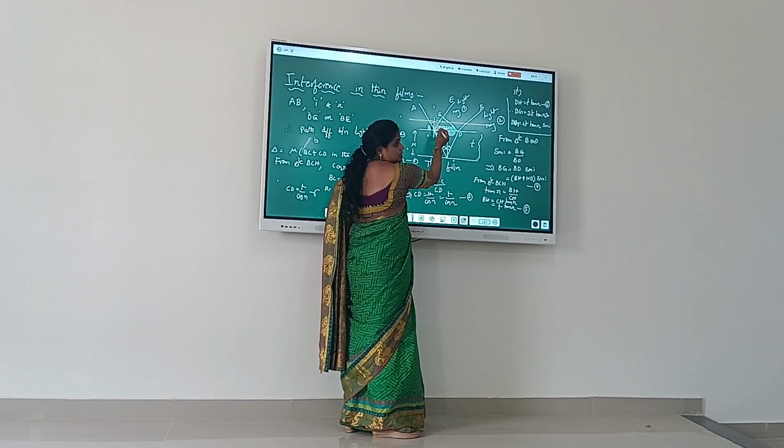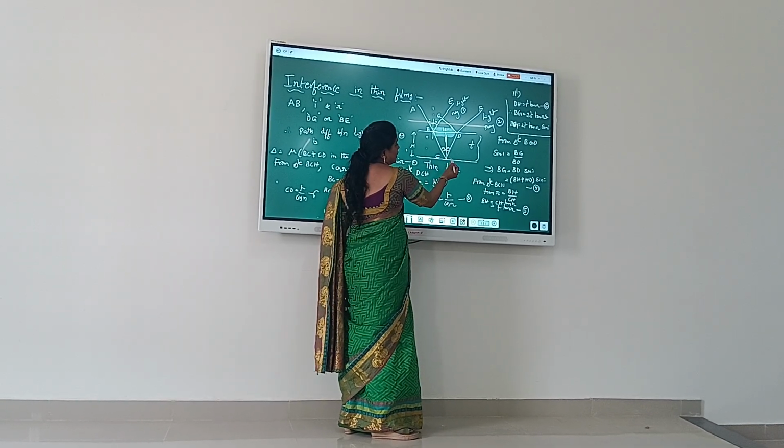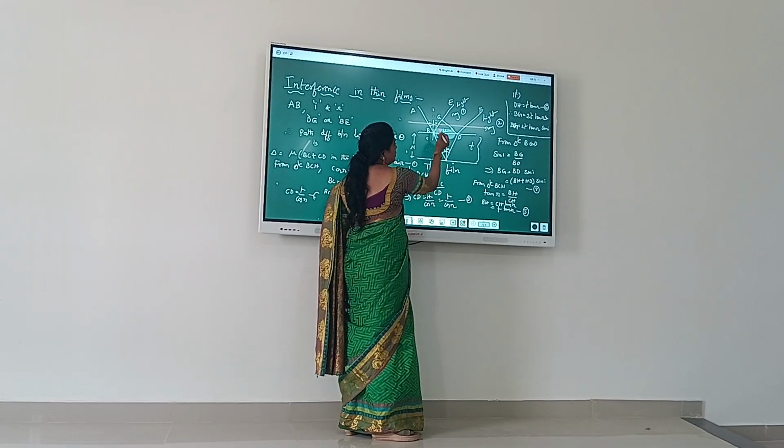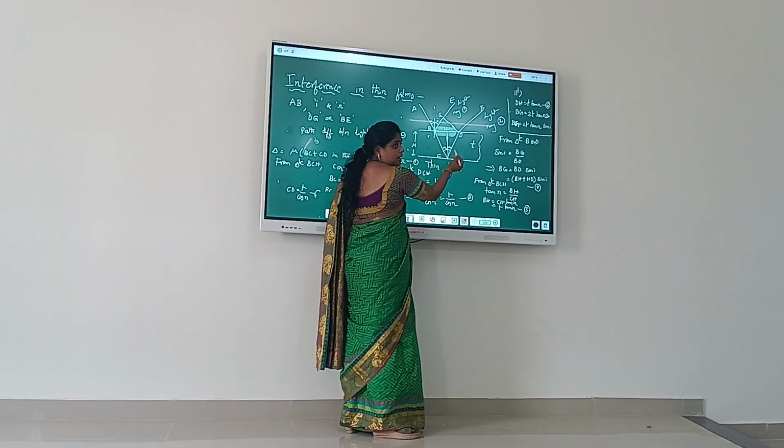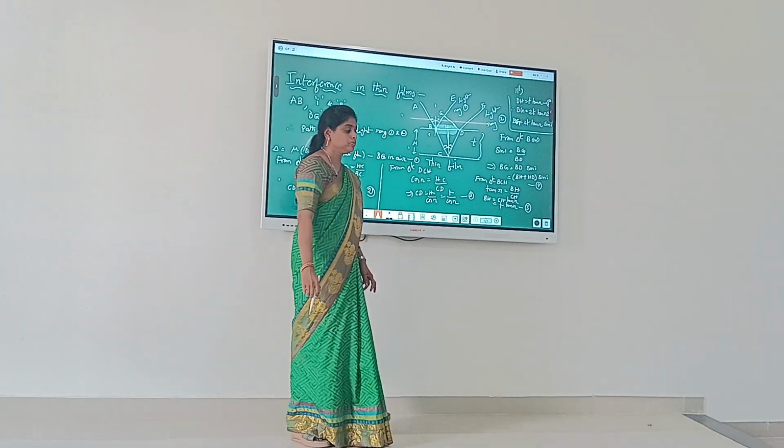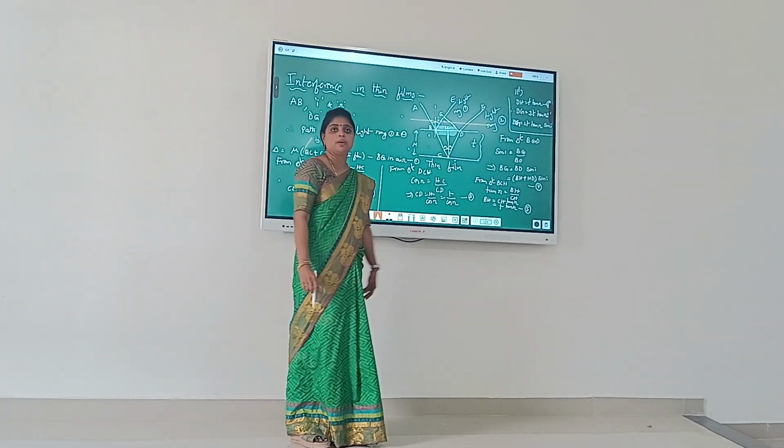The angle of incidence is I and the angle of refraction is R. So this is the construction part.